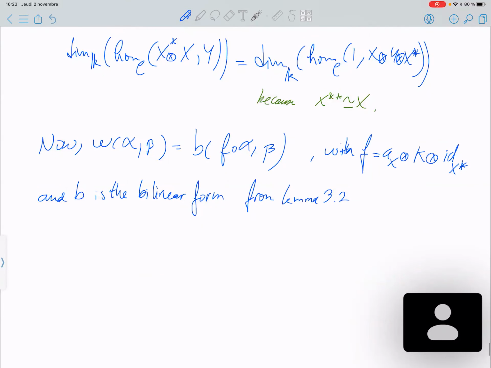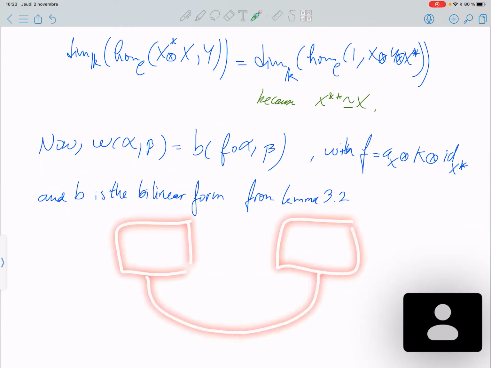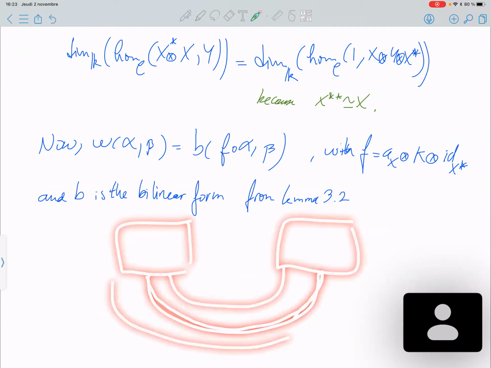Okay, so let me come back to here. As I said, we use this bilinear form from lemma 3.2, but in lemma 3.2, you have only one string. But here we have three strings.